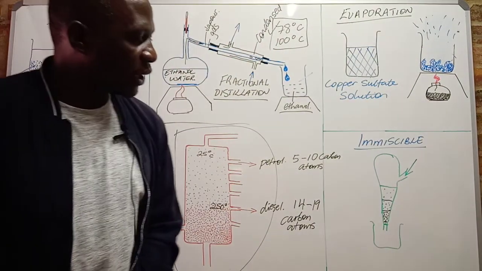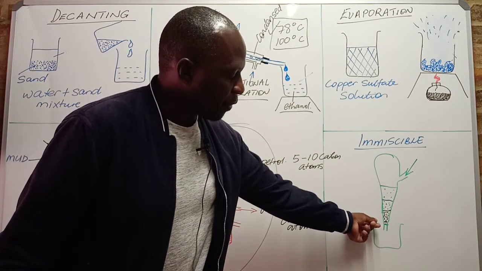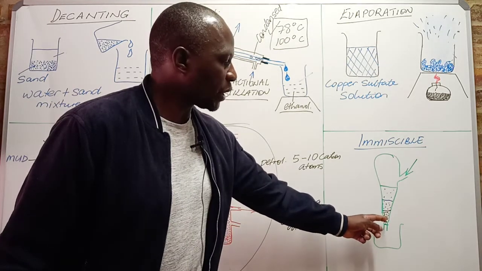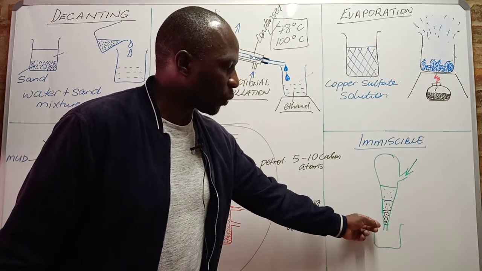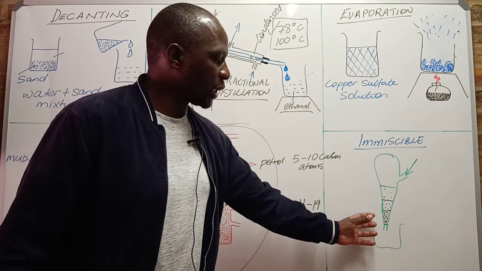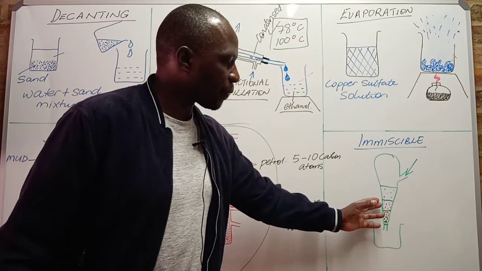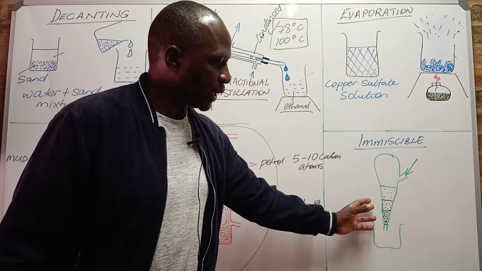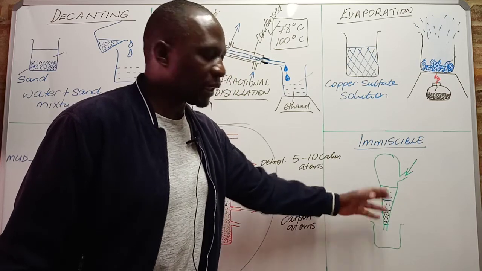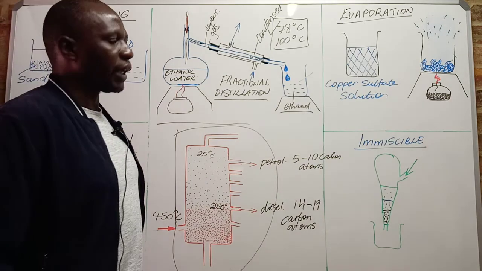Then when we achieve this, we open the valve, and the heaviest or the most dense liquid will come out first. We close the valve when we finish collecting the most dense liquid. We take the beaker away, we collect the averagely dense liquid, we open the valve, collect it, take it away, until we reach the least dense liquid.